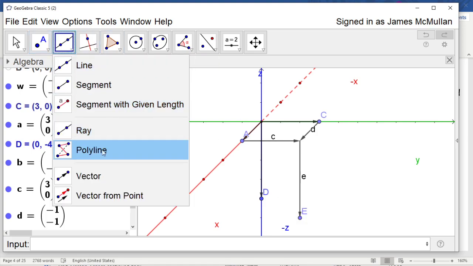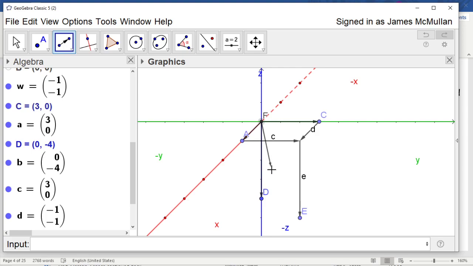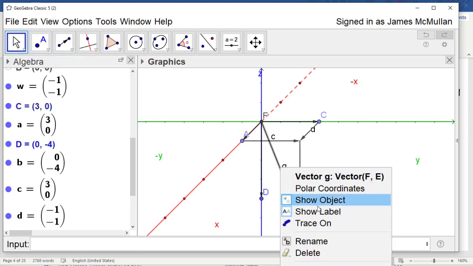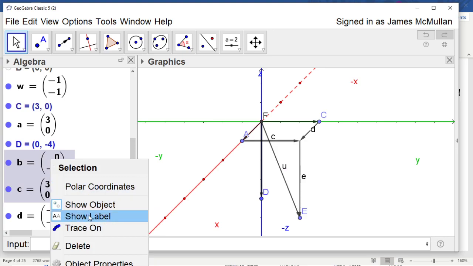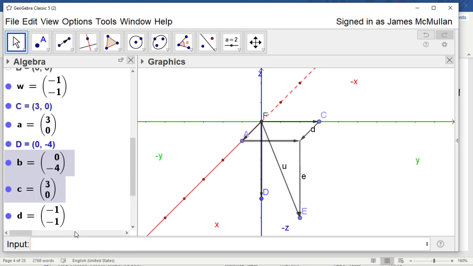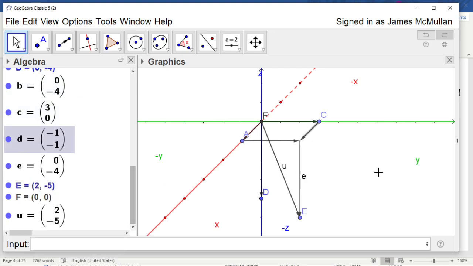And to answer the question, I would just draw a vector from the origin to that spot. And this here is my answer. Let's rename it to U, because often the answer is U here. Let's get rid of all the labels for the other ones. Okay. Now, so the answer here is what I've drawn in U.